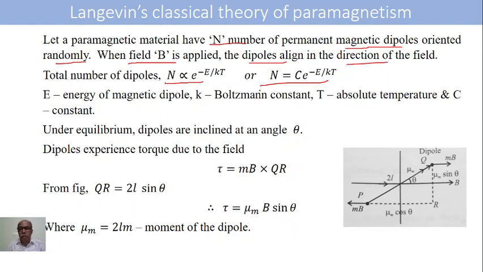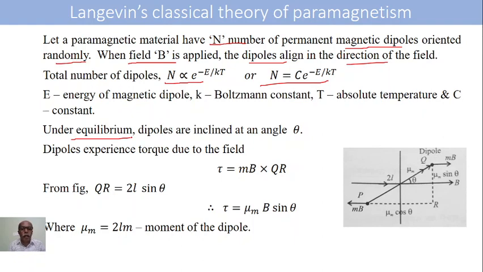Under equilibrium, the magnetic dipoles will be oriented randomly. When we apply a magnetic field, the magnetic dipoles begin to rotate, depending on the strength of the magnetic field. At a certain stage, the rotation of the magnetic dipole stops. In that case, we say that the magnetic dipole is under equilibrium.